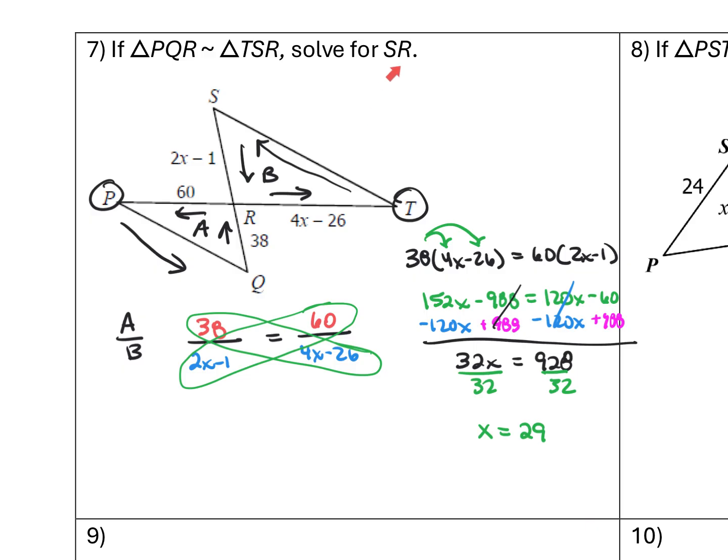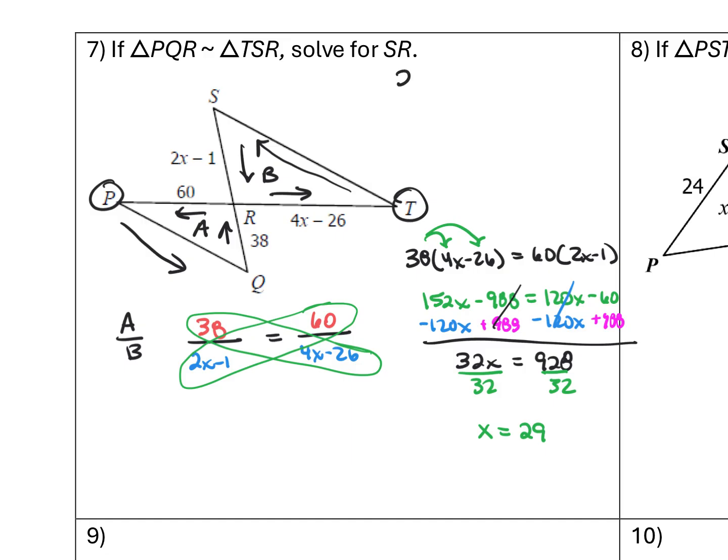Now, we need to pay attention because once we get x, we need to come up here and read what they want. Well, they want SR. So I need to substitute that back in to SR, which is 2x minus 1. So I substitute x equals 29 in for 2x minus 1.